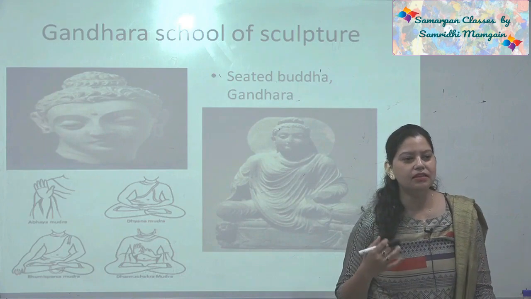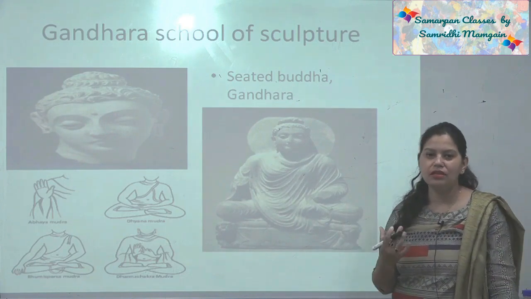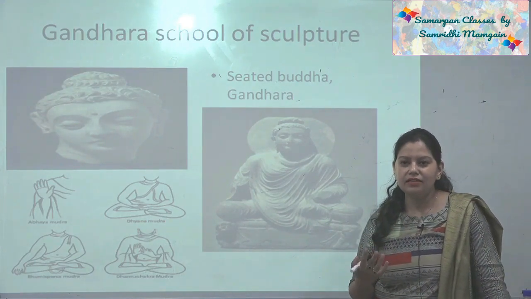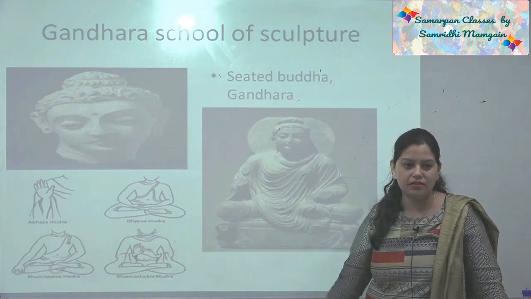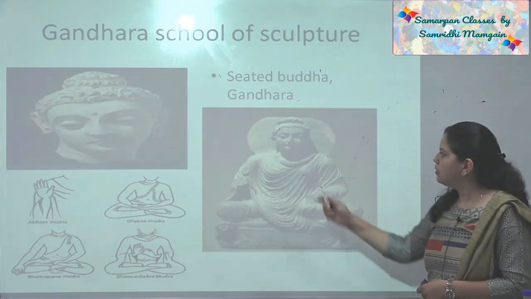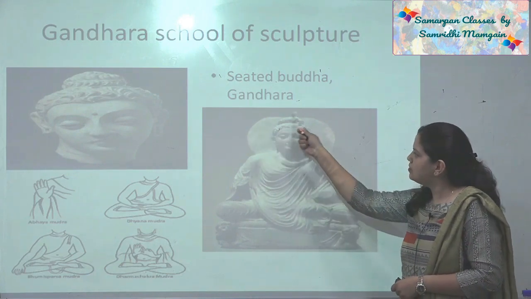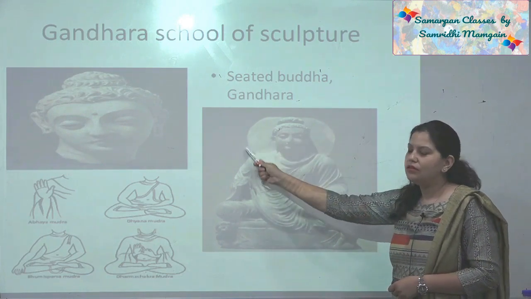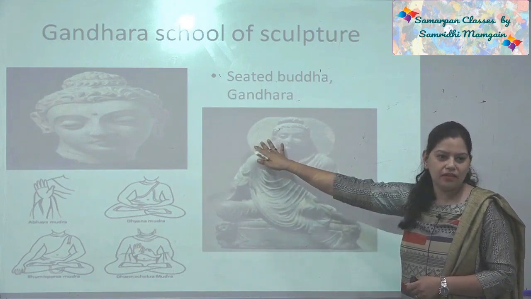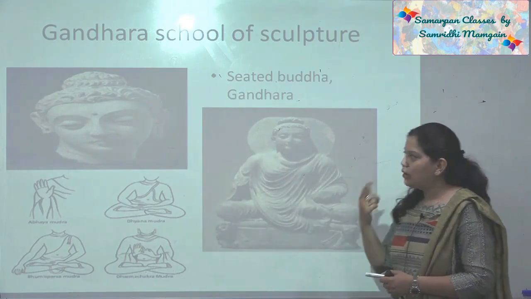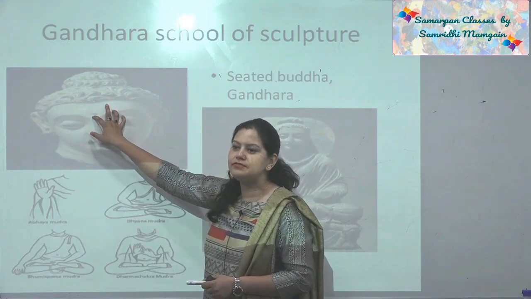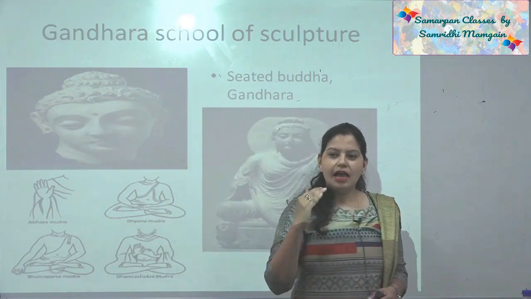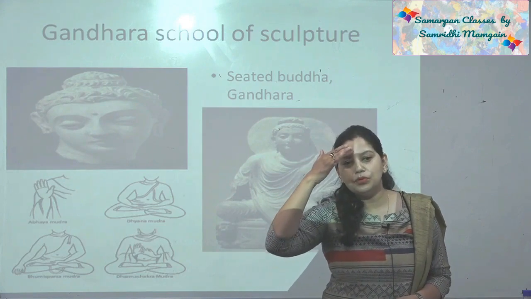So mainly the sculptures in the Gandhara region are shown in these mudras. And you can see the halo around the statue is not that decorative, it is plain. One more thing, his forehead is wide, and it is shown with a little protuberance.